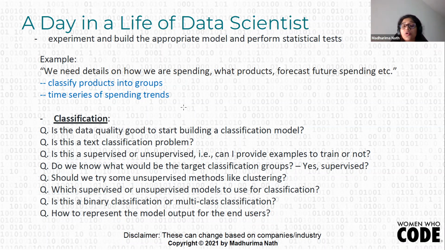Do I know all of these, or am I in absolute dark and I have these 10,000 books and I have to classify them into fiction, nonfiction, and I can't provide these examples or target groups, like if you find so and so word, it would be fiction, if you find an autobiography kind of word, then it would go into some section. If I don't have that, then I cannot do a supervised model. If I have that, I can do a supervised model.